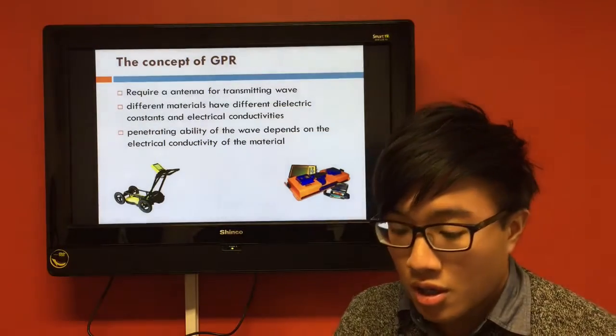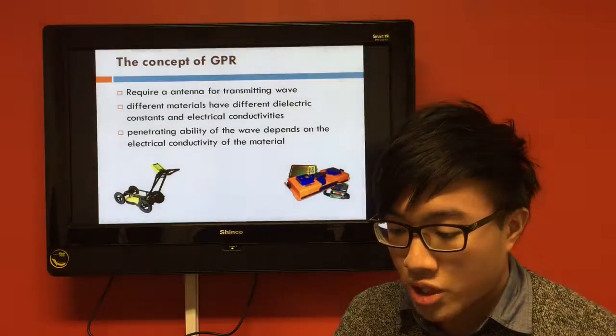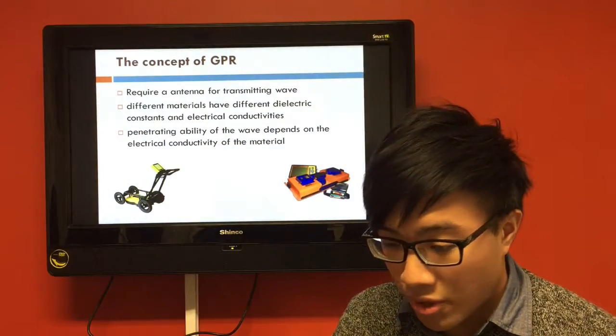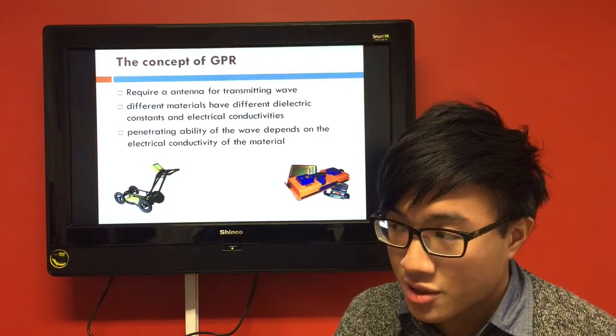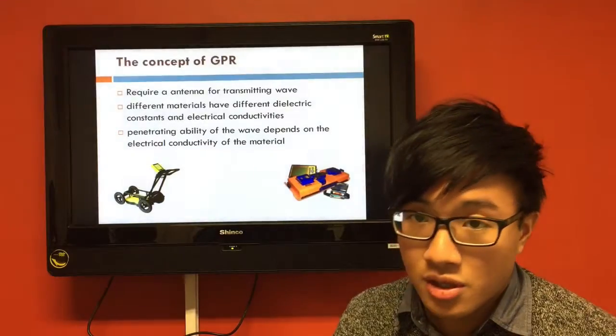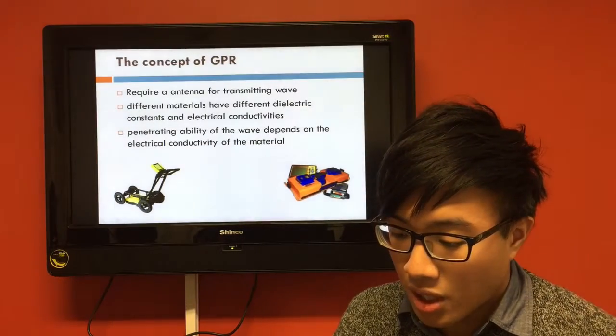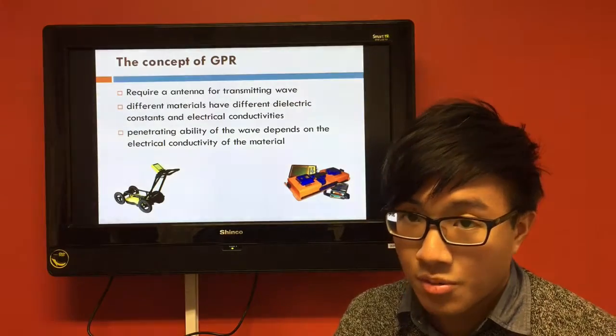For example, when the transmitted wave from the antenna penetrates objects, it will contact different materials with different dielectric constants and electrical conductivities. The penetrating ability of the wave from GPR testing depends on the electrical conductivity of the material.